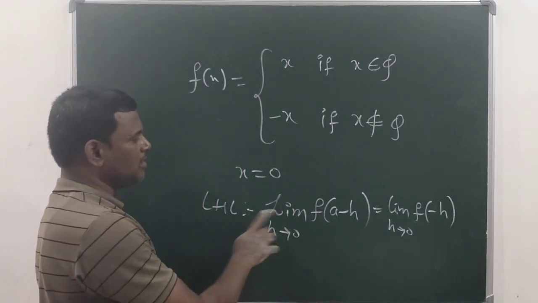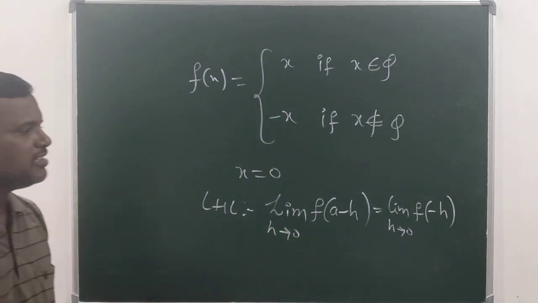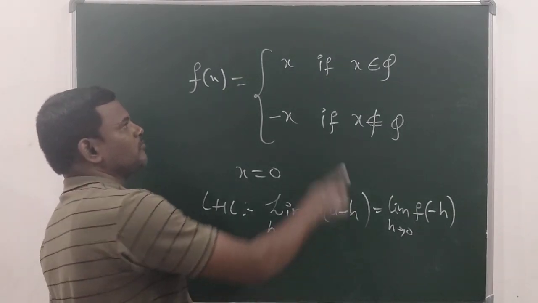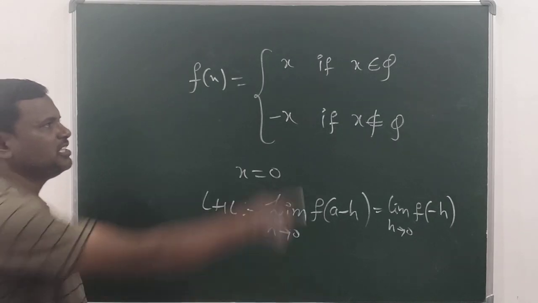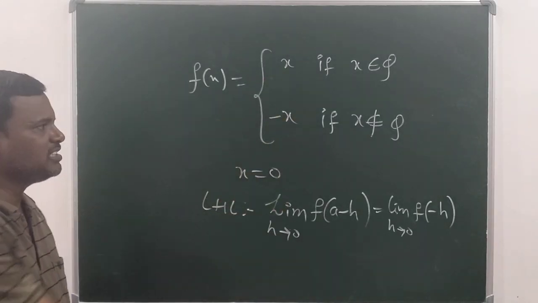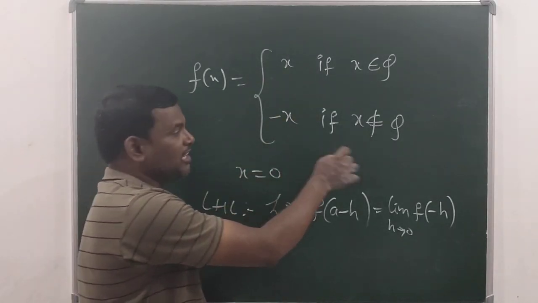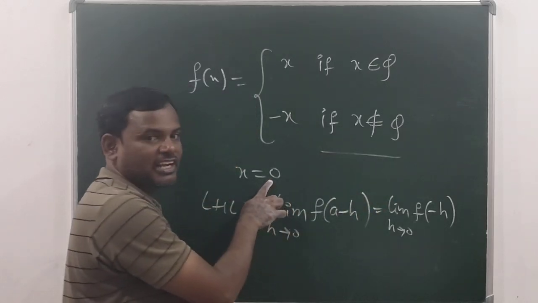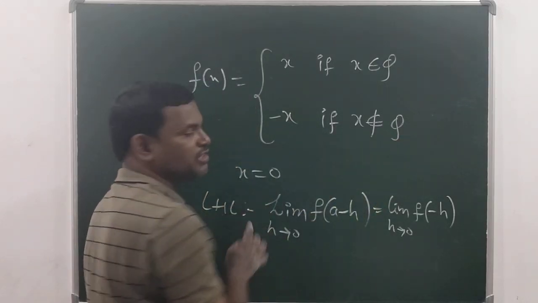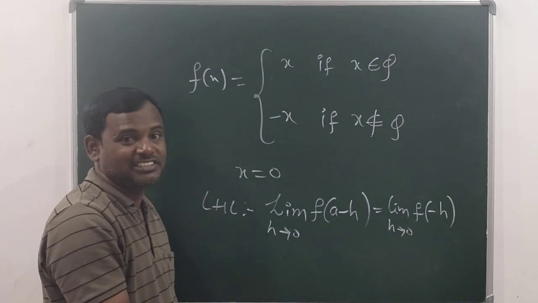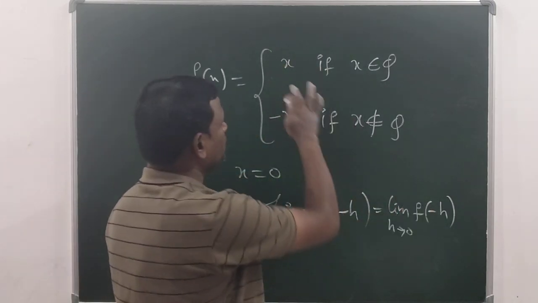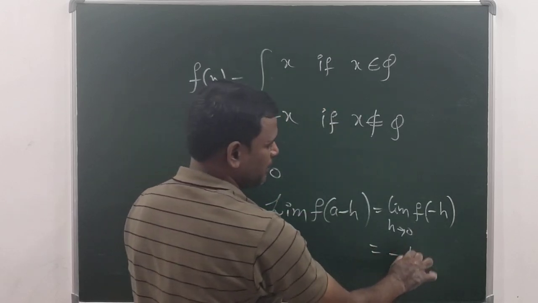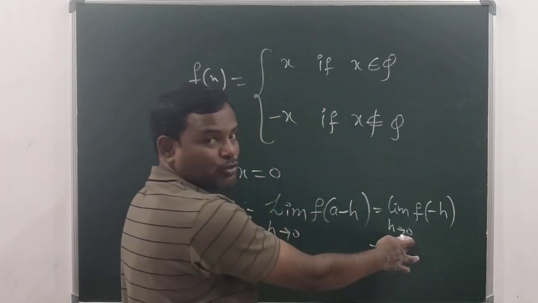Minus h means smaller than 0. Now smaller than 0 means which one do you take, this one or this one? We cannot say here whether the x value is rational or irrational. Smaller than 0 might be rational or irrational, so wherever you want, you can substitute. Suppose you substitute here, it becomes minus h. h is approaching 0.